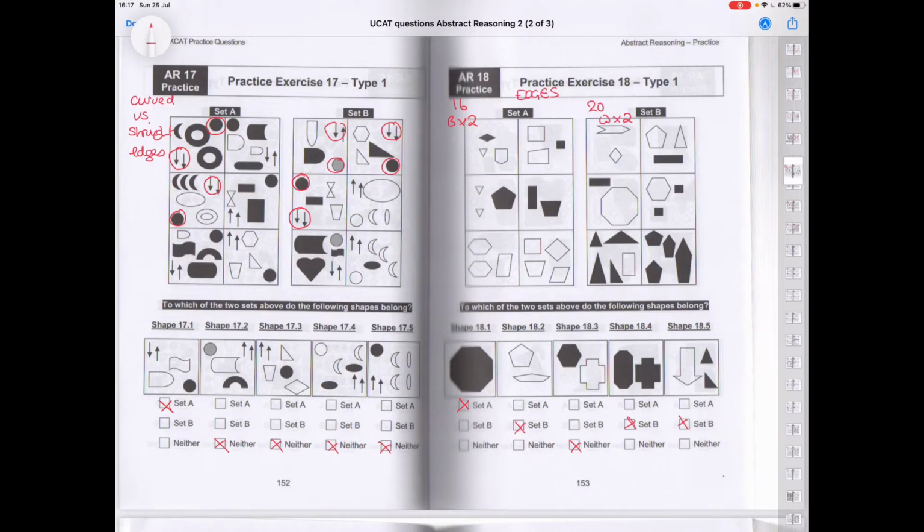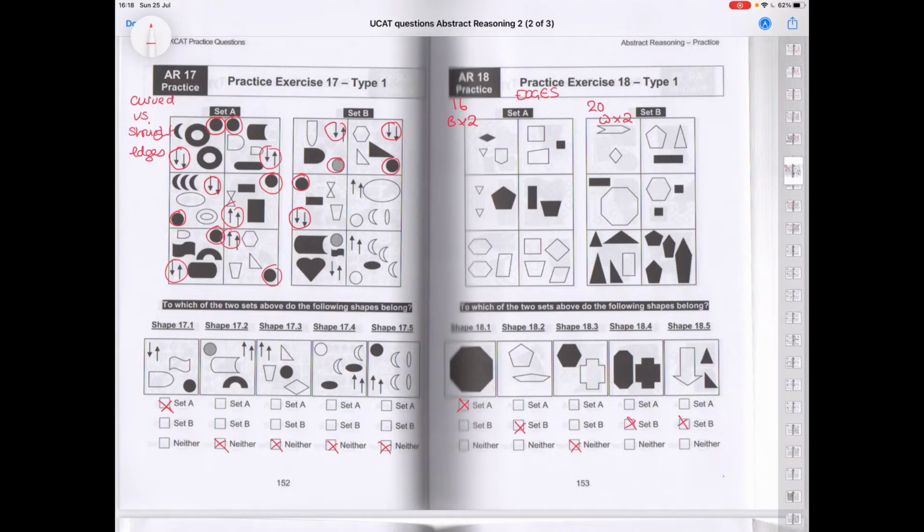So if you take a look at set A, you'll see there is always a diagonal circle opposite the arrows, so we don't count that circle. That isn't part of the exercise, it's almost a distractor item. It's to do with the remaining objects.